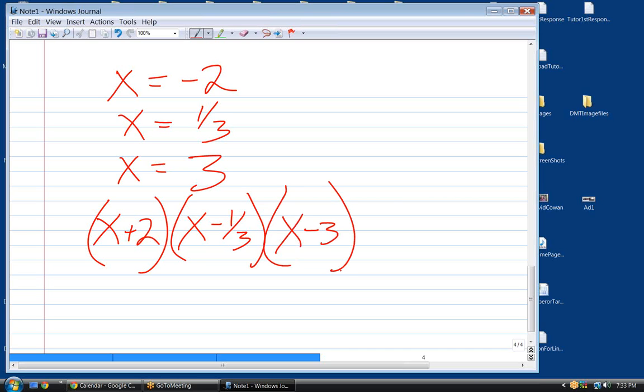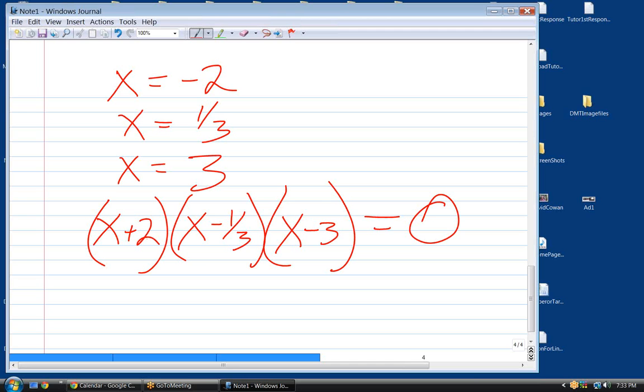So those are the 3 linear factors that have to equal 0 because they gave you the zeros. That's why I know it has to equal 0. So to get the third degree polynomial, we just multiply these 3 together.